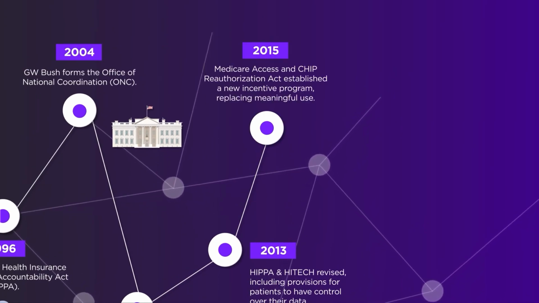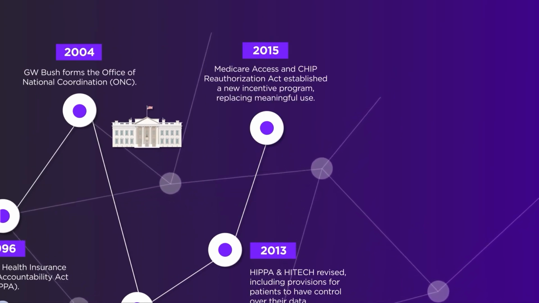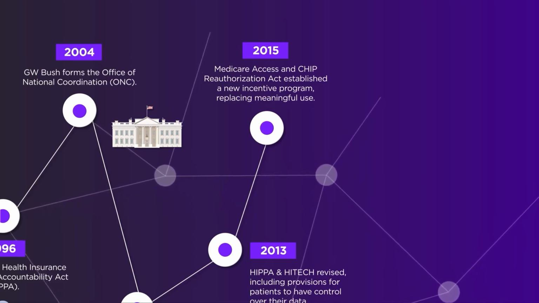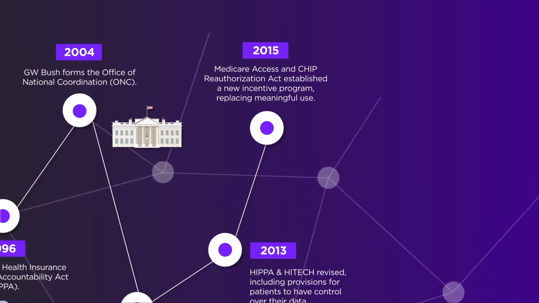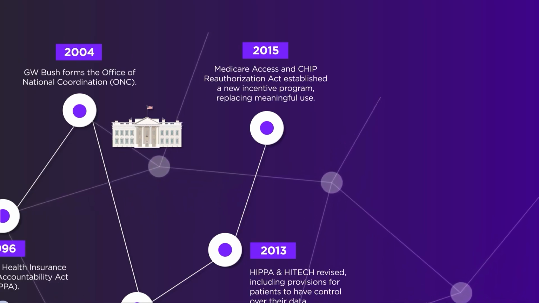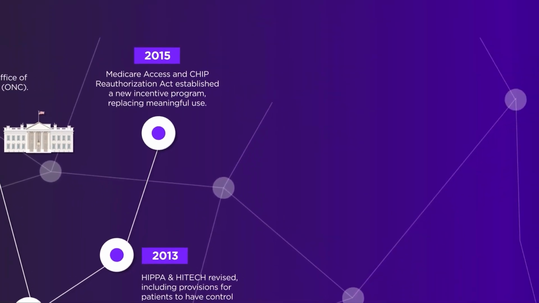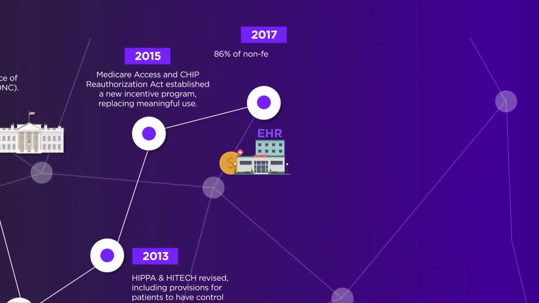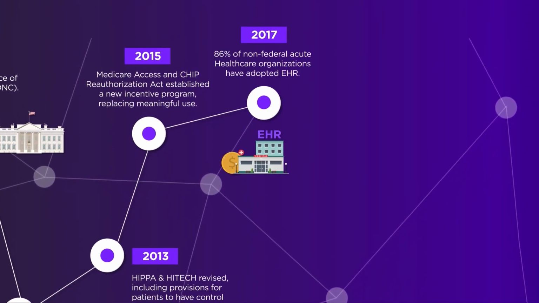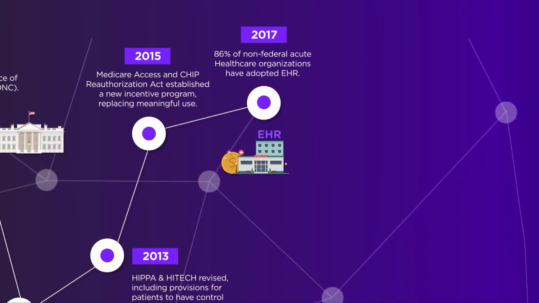5. AI, big data, and precision medicine, 2020s to present. AI integration. The 2020s saw the integration of artificial intelligence, AI, and machine learning into EHR systems. These technologies help with clinical decision support, predictive analytics, and automation, allowing healthcare providers to offer more personalized and efficient care.